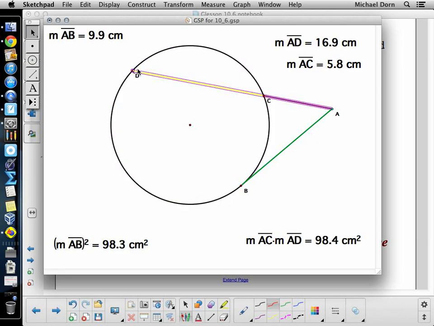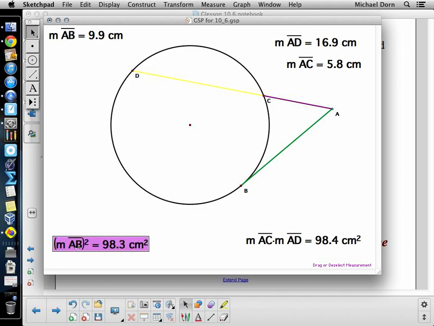Never mind. But if you just grab that point and slide it around, it's like they've merged into one. So we still get 2 segments. We still get 2 measurements, but they're the same.